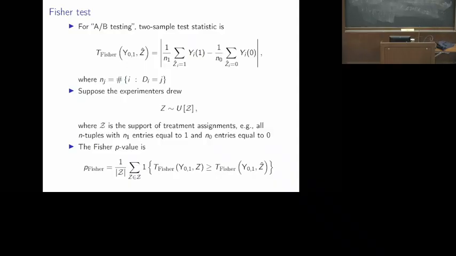I ask, of all the test statistics that could have occurred under the null, what's the probability of seeing something bigger than or equal to what I've seen? Since I've completed the data with the sharp null, and I'm drawing the treatment assignment from the true treatment assignment mechanism, this is a bona fide p-value, and the histogram of these is a bona fide null distribution.